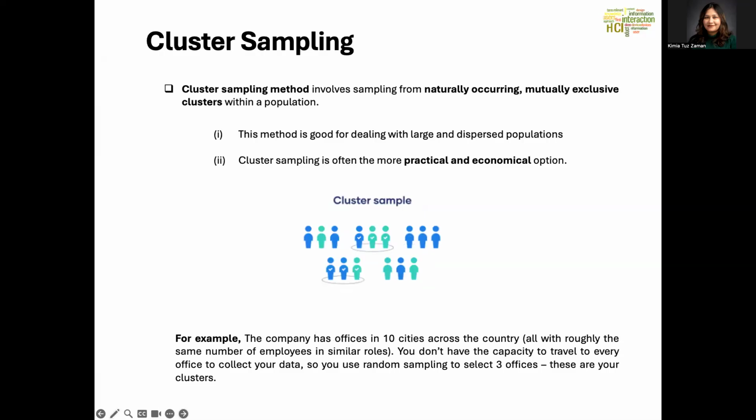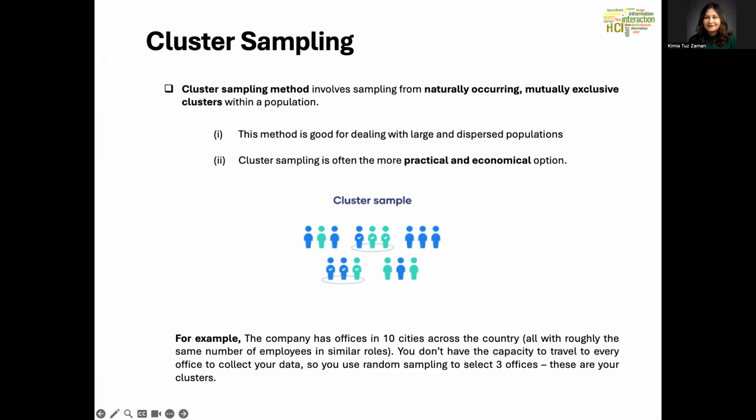Next is cluster sampling. Cluster sampling selects groups first, for example, schools, clinics, offices, then surveys everyone in those clusters or a random subset within each. It's ideal for large geographically dispersed populations because it cuts travel and cost.